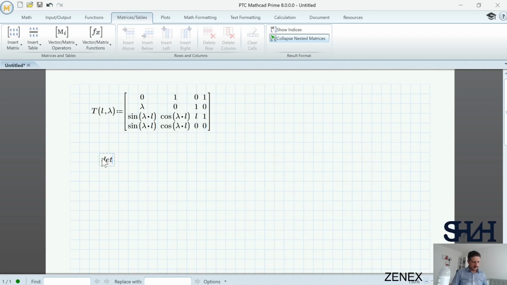And now the determinant of T as a function of L and lambda.